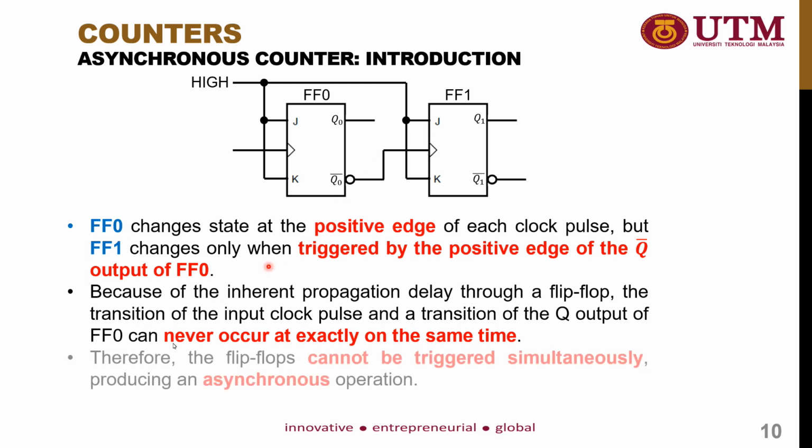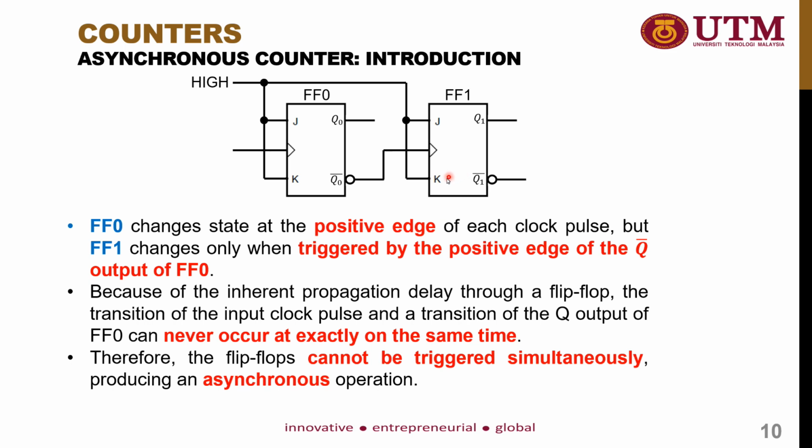Therefore, the flip-flops cannot be triggered simultaneously. So it is not producing a synchronous operation, because the clock is only applied at flip-flop 0. The transition of each output will not occur at the same time because of the propagation delay.